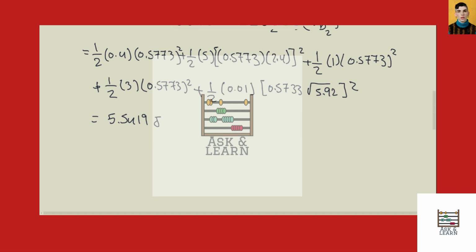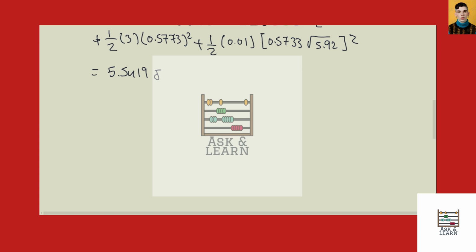So the datum is set as indicated, so phi equals tan inverse of 0.4 over 2.4, which is equal to 9.4623 degrees.